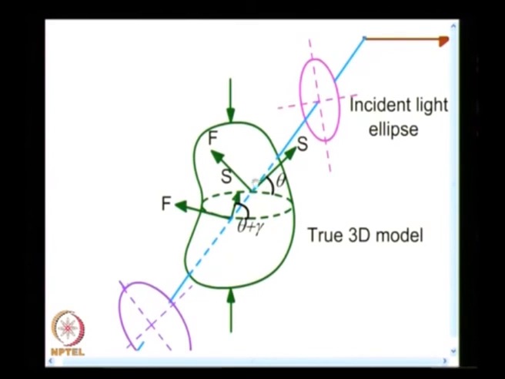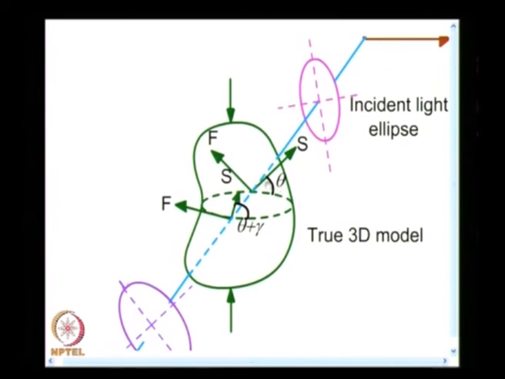I have a slow and fast axis, and I call these characteristic parameters. I bring in another terminology called characteristic parameters. When the incident light enters the model, you have an orientation theta, and at the exit plane another orientation theta plus gamma.